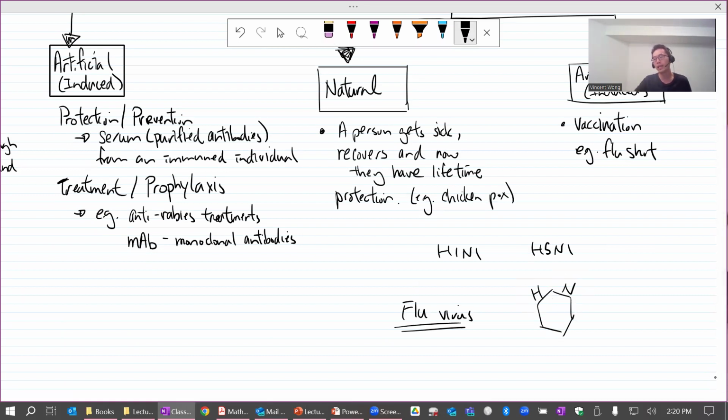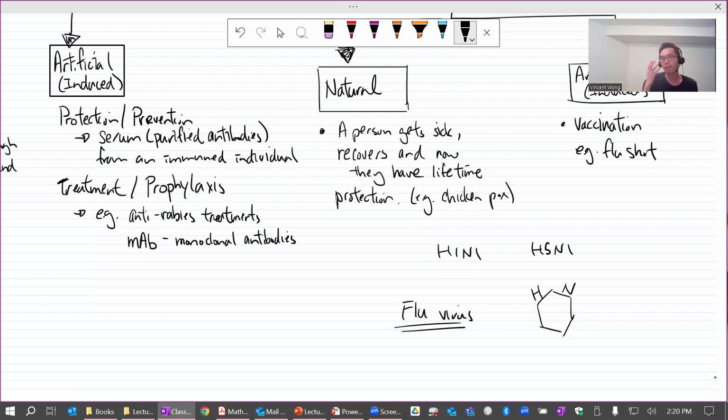So all these H's and N's are talking about the versions of these antigens. And each flu season, the circulating strain of the virus is going to be different. We have to make the flu vaccines ahead of the flu season for us to be able to give it out to the public.